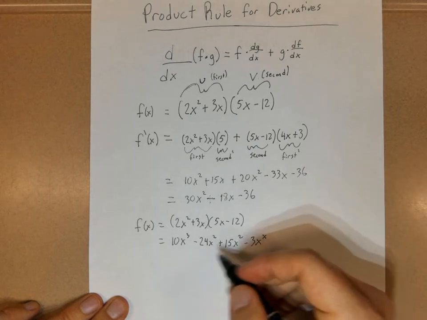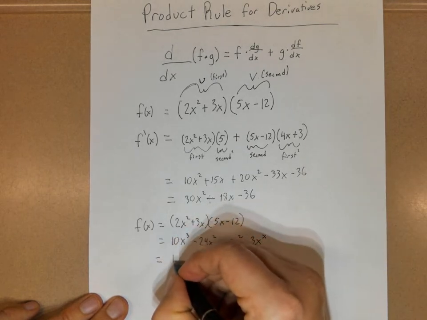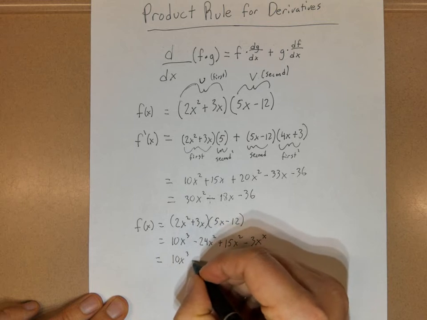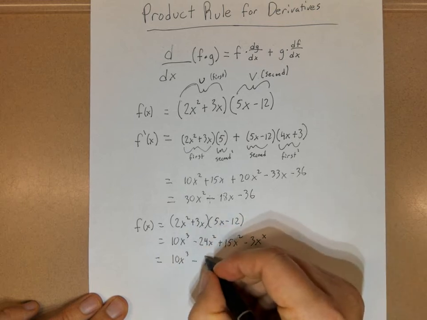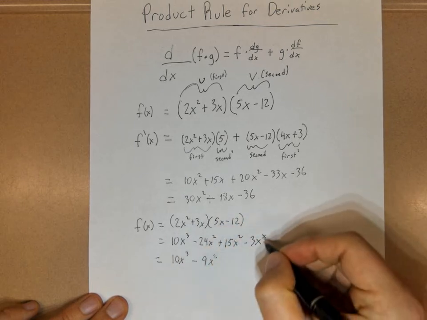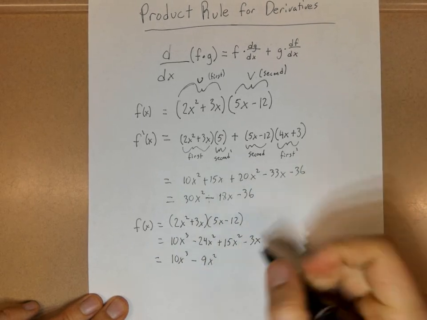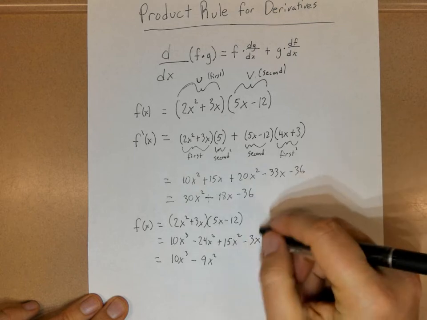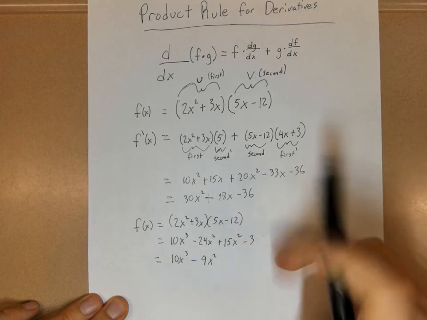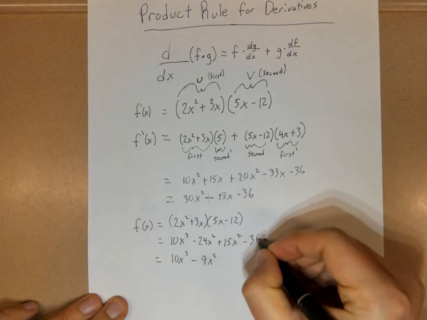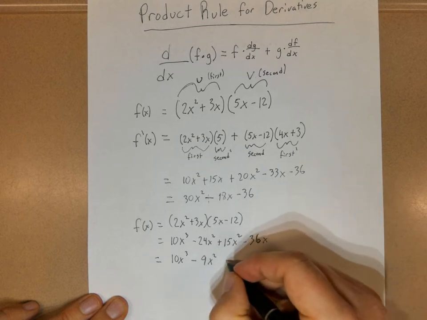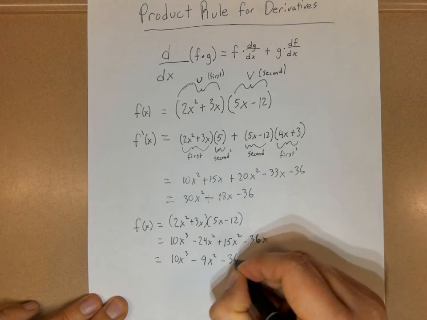And so now if I combine my like terms here, I'm going to get 10x to the third minus 9x squared, and then minus 36x.